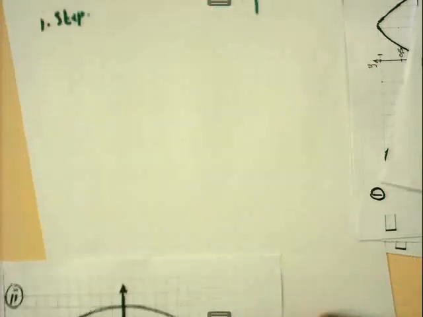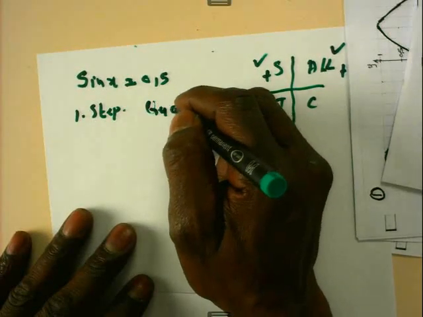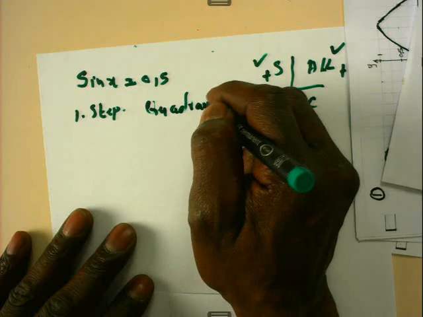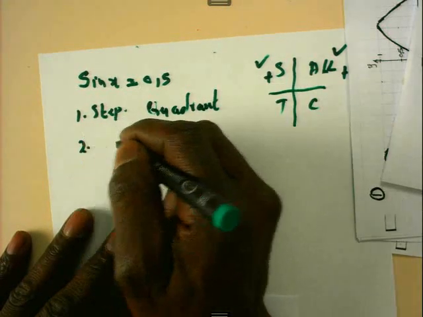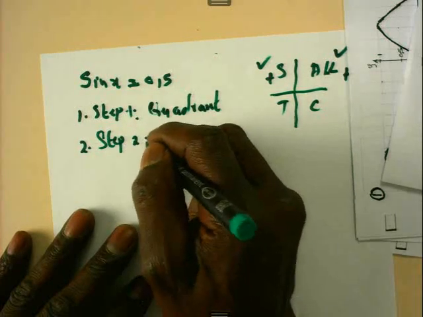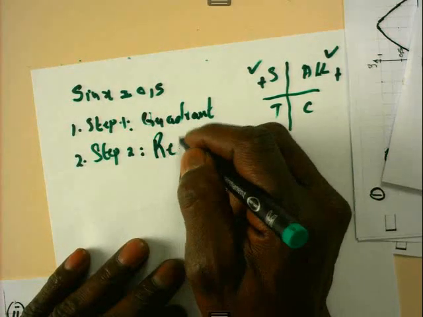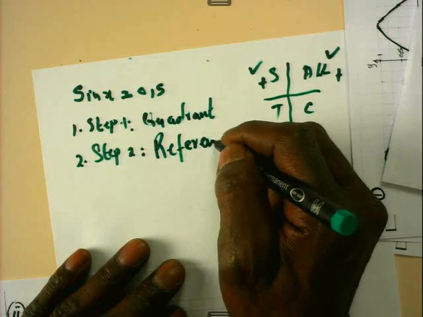Now, that was step one. We have identified the quadrant. Now, the second step, step two, we look for the reference angle.